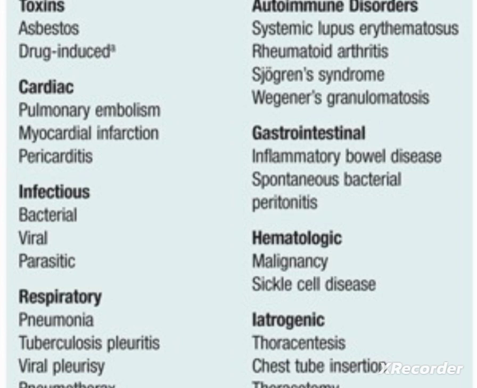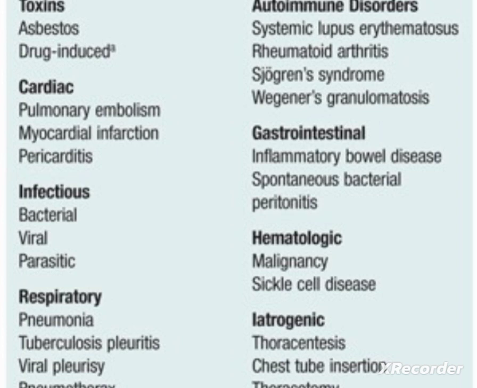Then iatrogenic causes: thoracentesis, chest tube insertion, thoracotomy, and pleurodesis. Iatrogenic means physician induced, or due to any procedures that we undergo that may lead to pleurisy, such as thoracentesis, chest tube insertion, thoracotomy, or pleurodesis.